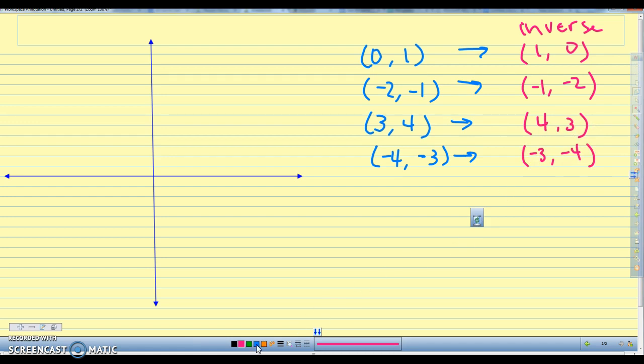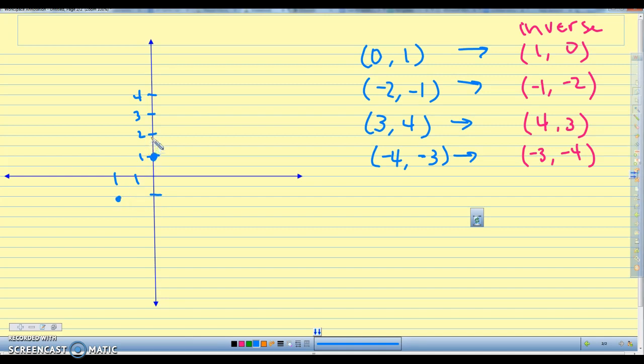Okay, so I'm going to plot my original points in blue and my inverse points in pink. My first point is 0, 1, so that's here. My next point is -2, -1, so right here.